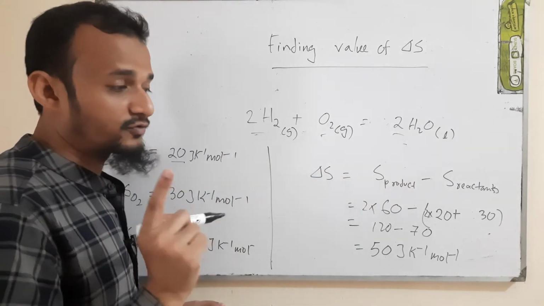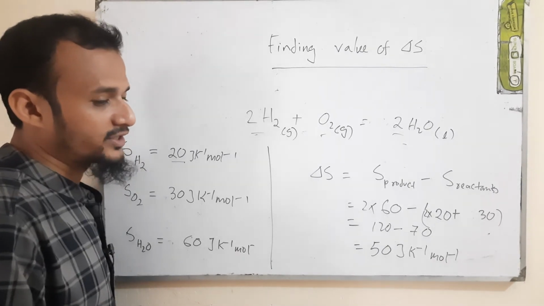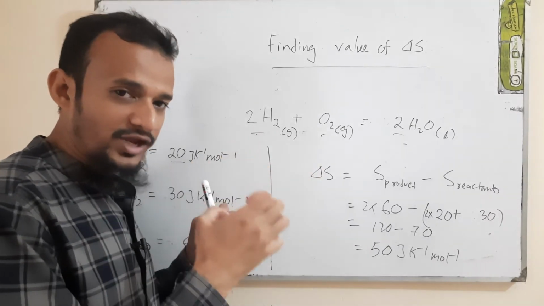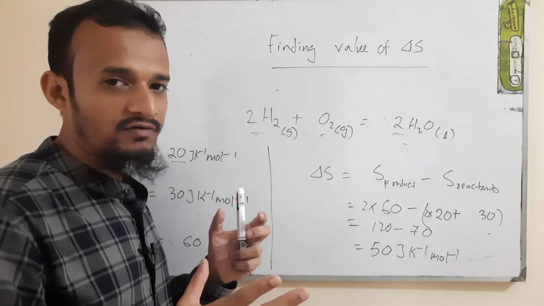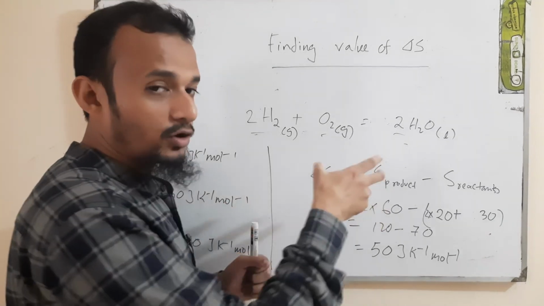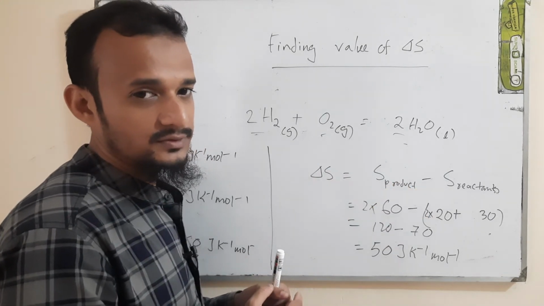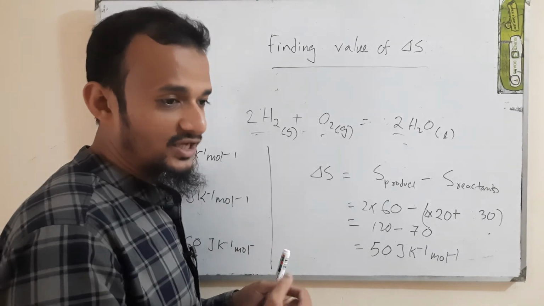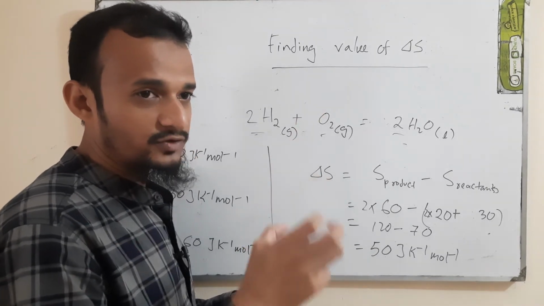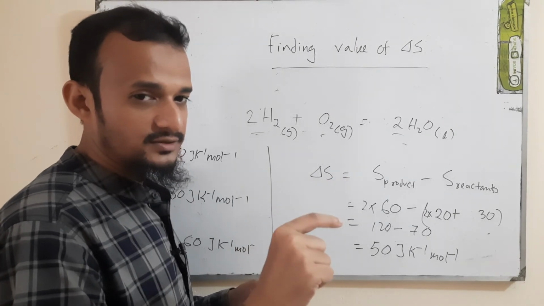And do not forget the value of delta H. When we calculate enthalpy, it is reactant minus product, but here it is the opposite. It's entropy of product minus entropy of reactant. Remember that? For delta H, we find the bond energy of the reactants first, then we subtract.